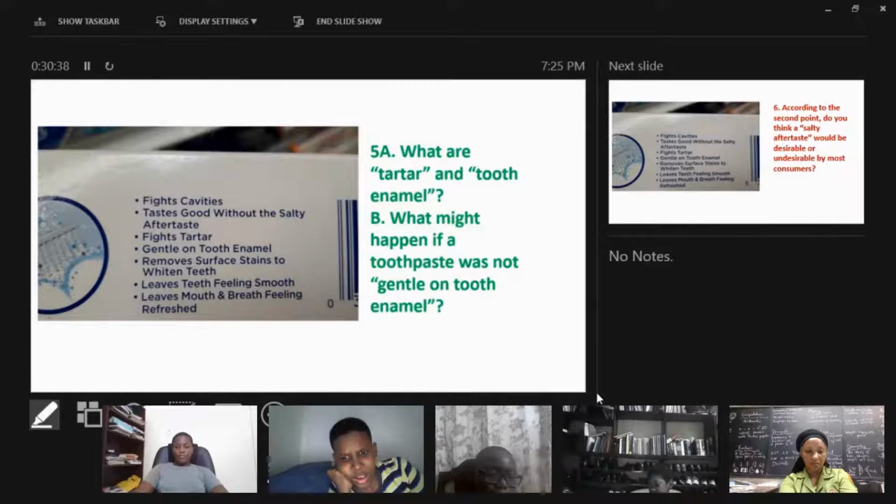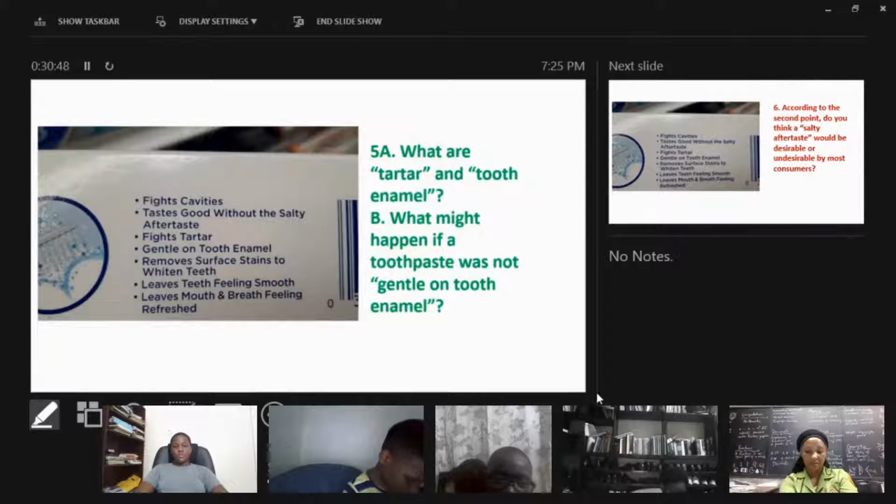Tartar is a classified plaque, a hard plaque, a hard mineral deposit that forms on teeth. A rough bumpy line at the base of the teeth on one side. Mhm. All right, thank you, Antoine.